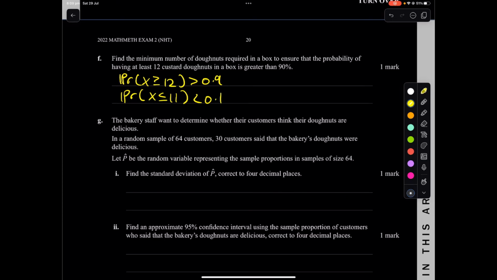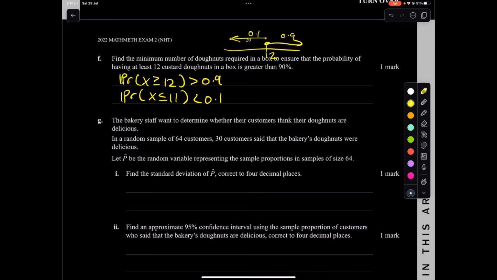Is that true? If we have 12 over here, and let's say that was 0.9, then less than that, we'll get 0.1. Okay, looks true.